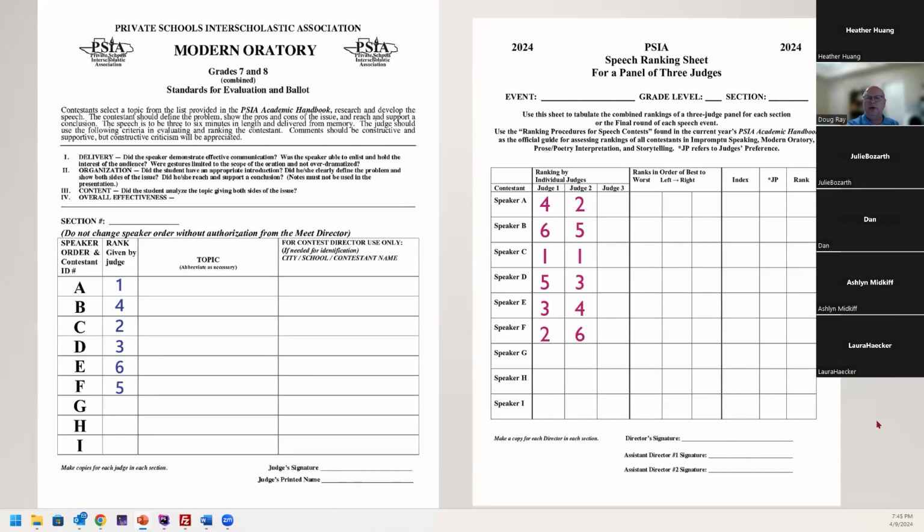Judge 3 comes back with a 1, 4, 2, 3, 6, 5. So you place those in that order right there. Now, once you have all 3 judges in the sheet, then you rewrite the ranks in order from best to worst, left to right. So remember, best is lower numbers.